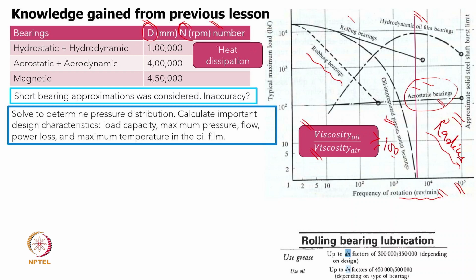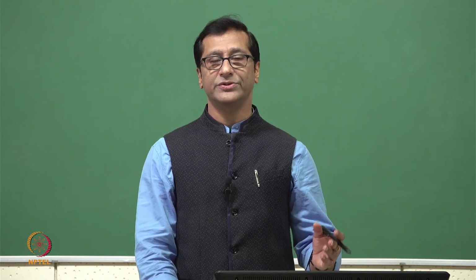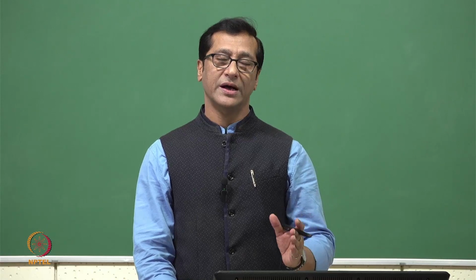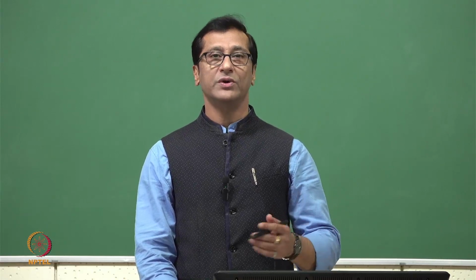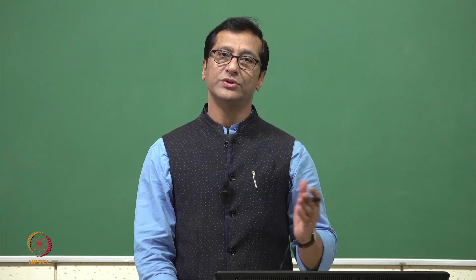This limit has come because of the dissipation of heat. If the heat generated is not removed from the interface, then heat will accumulate, the temperature rise will always be on a higher side, and it will turn out to be an unsteady situation. We want a steady situation, so we need to remove the heat.